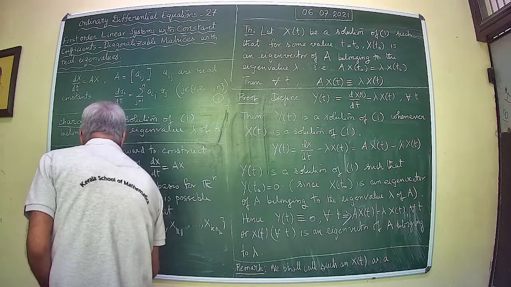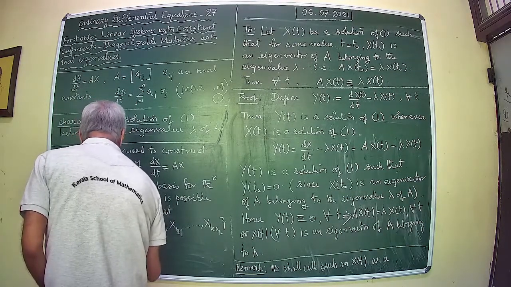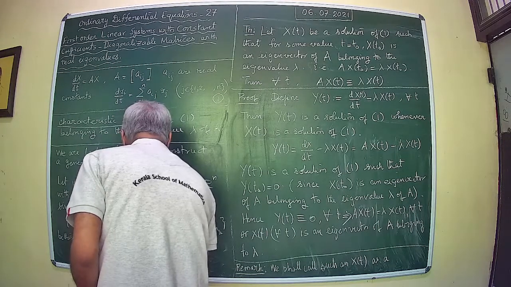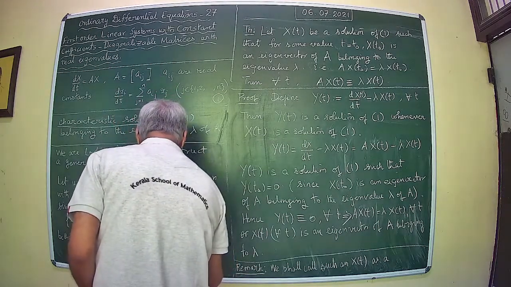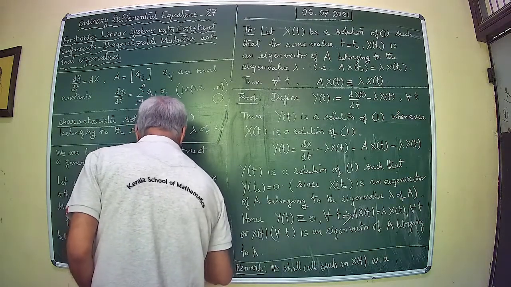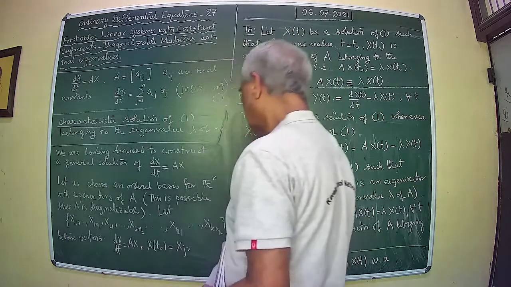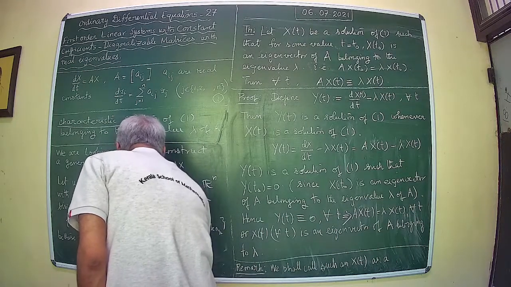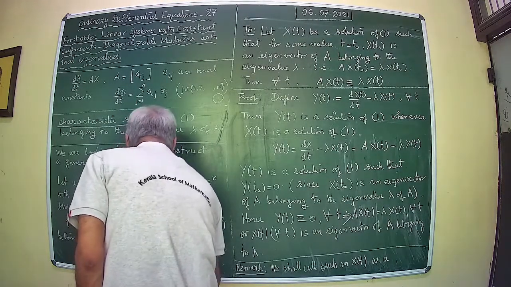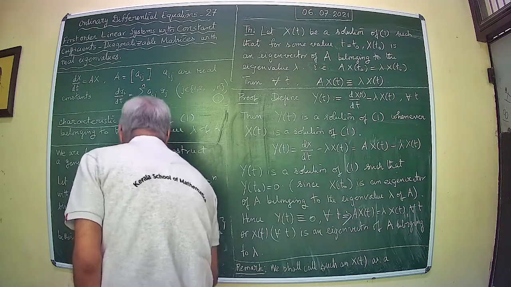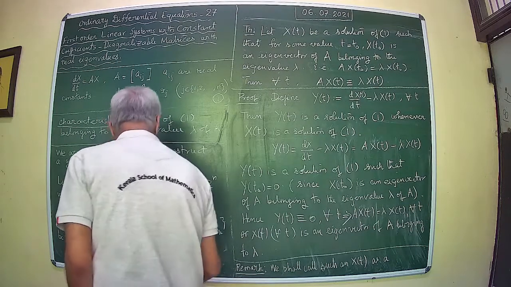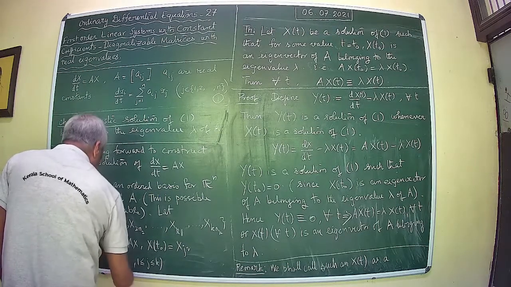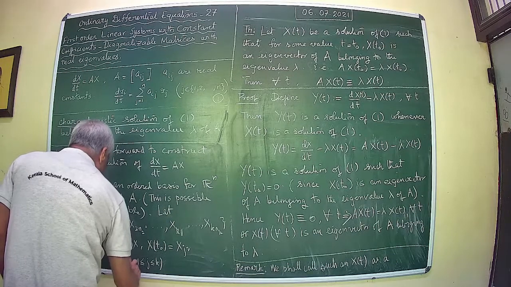dx by dt equal to Ax, subject to the condition that x at t naught equal to xj, for 1 less than or equal to r less than or equal to n.